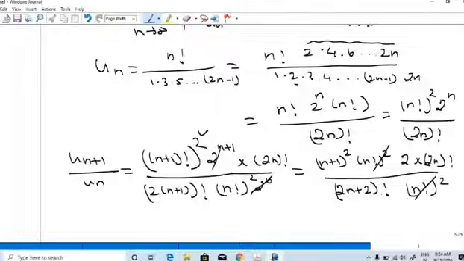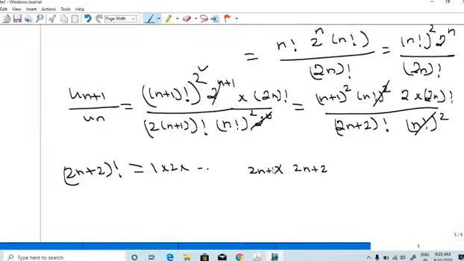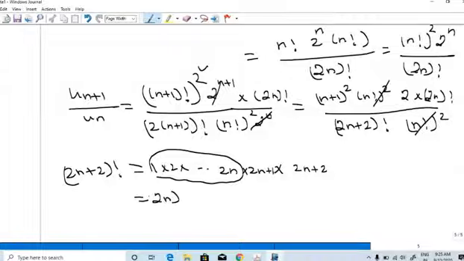Okay. Now what is (2n plus 2) factorial? It is nothing but the product of first 1 into 2 into etc. The last term is 2n plus 2. What is the previous term? 2n plus 1, because we have to subtract 1. Again, what is the previous term? 2n. Therefore, you can take this as (2n) factorial. Therefore, this is nothing but (2n) factorial times the remaining terms, (2n plus 1) into (2n plus 2).